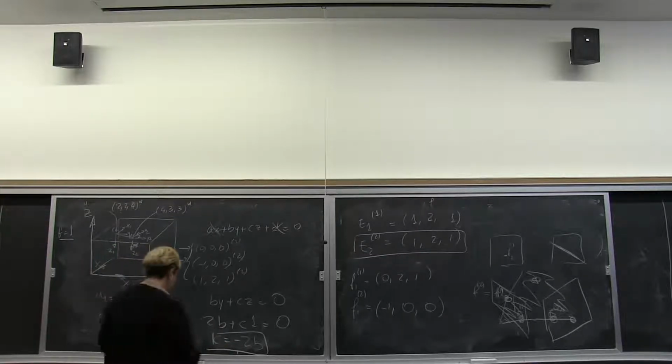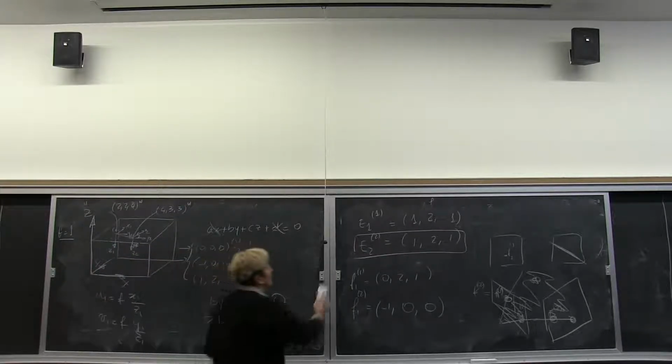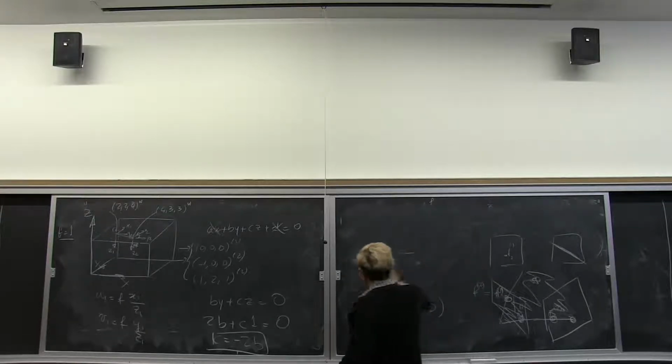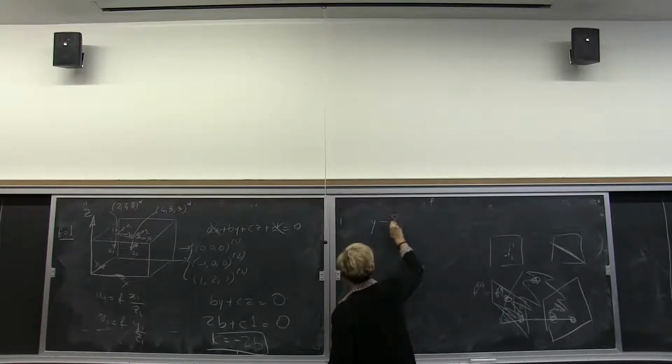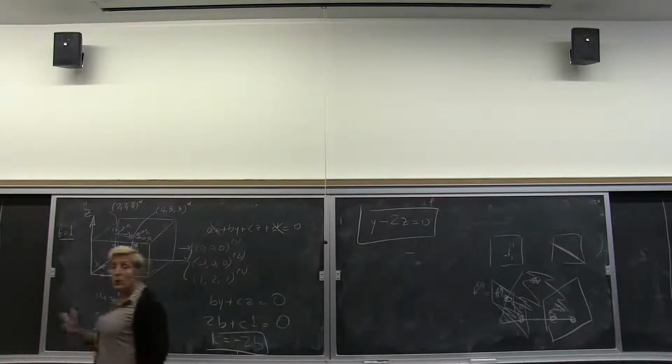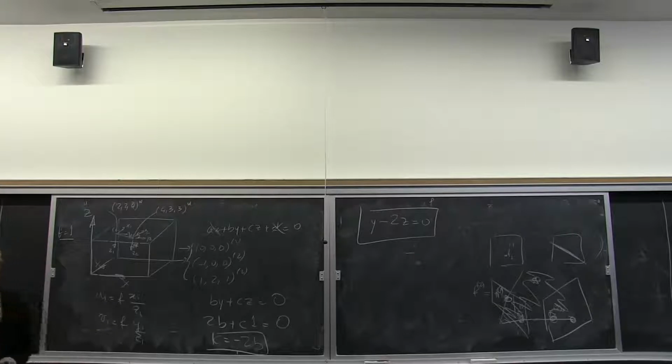So my plane is y minus 2z equals 0. That's the equation of the epipolar plane expressed in the coordinate system of camera 2.